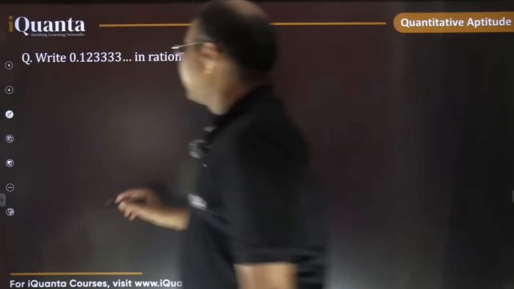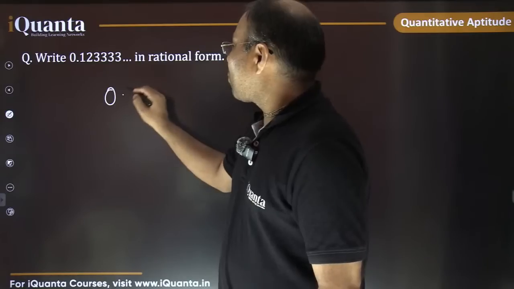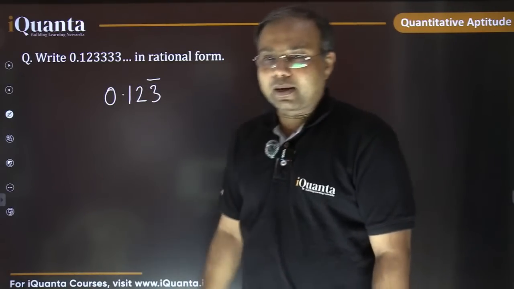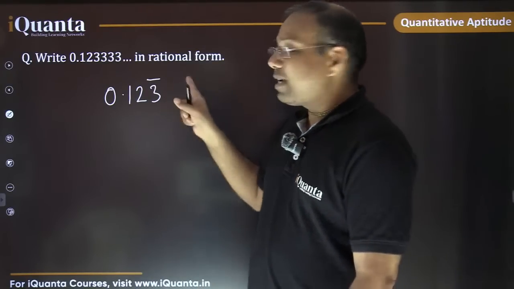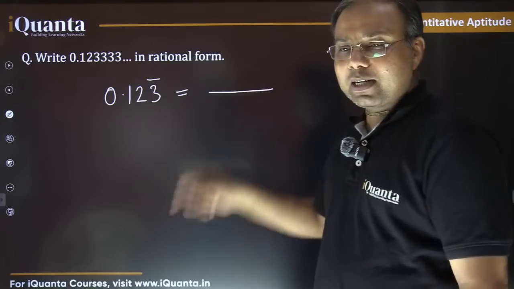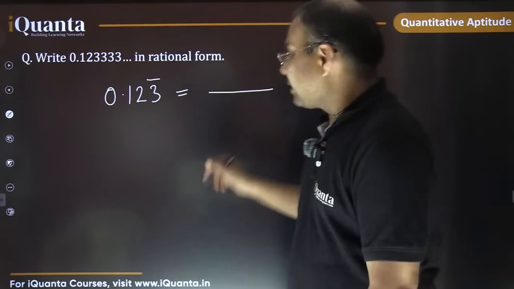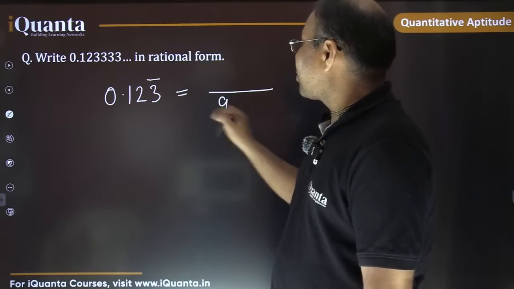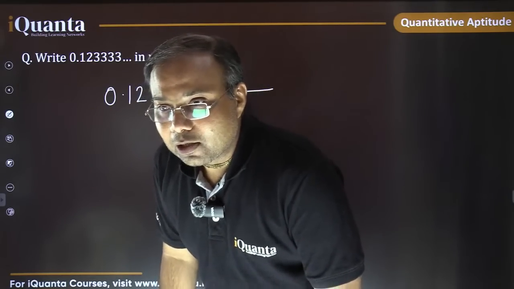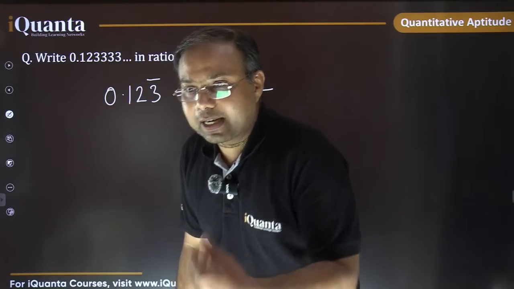Okay, so let me write it here. So it is basically 0.123. Now this time only 3 is in the bar, isn't it? So only one digit is repeating. Now please tell me, what will be the denominator here? Yeah, certainly only 1 9 would be there because there is only one digit in the repeating block. Is it okay? So those who are not understanding that, listen again.